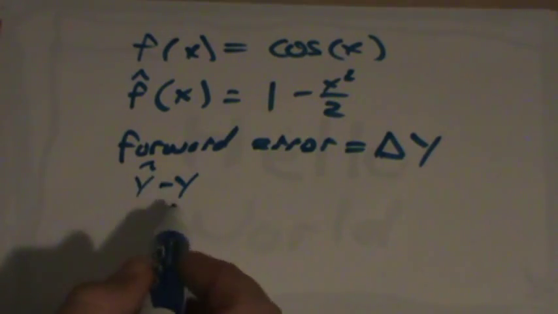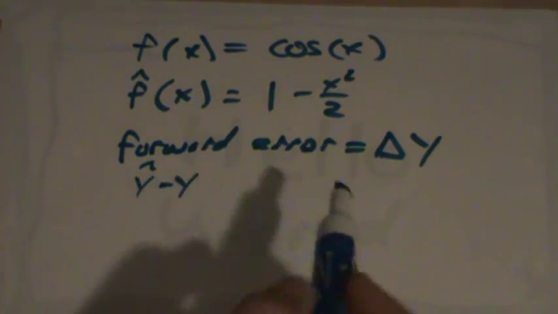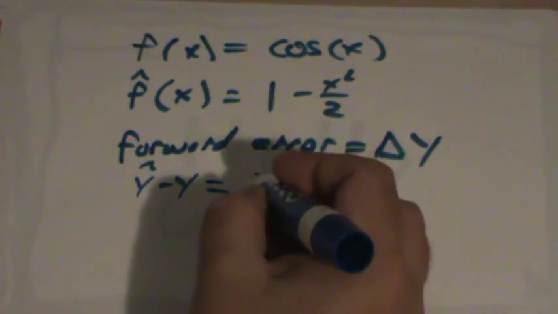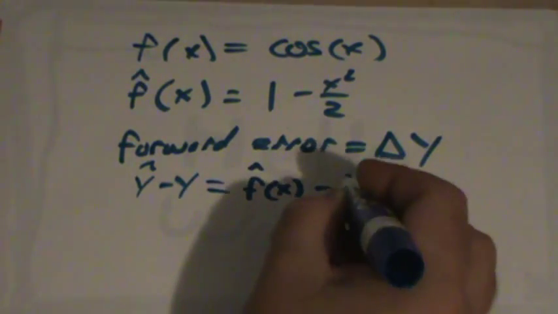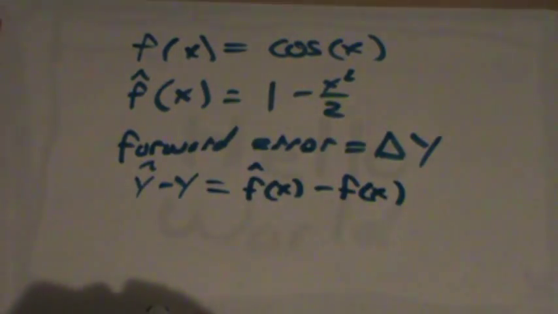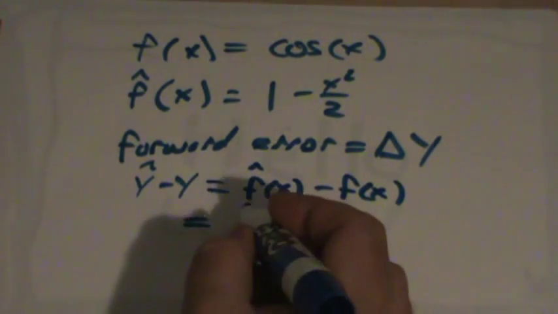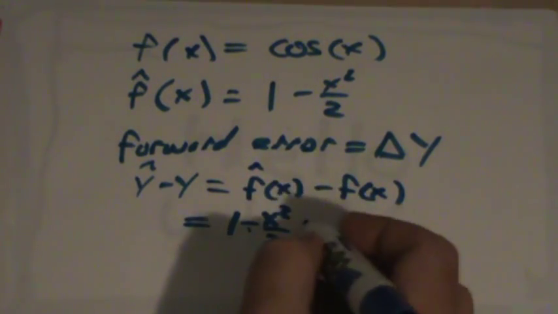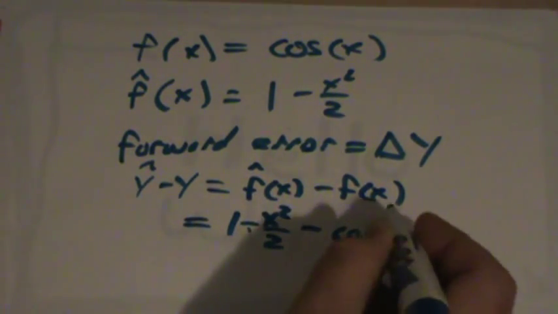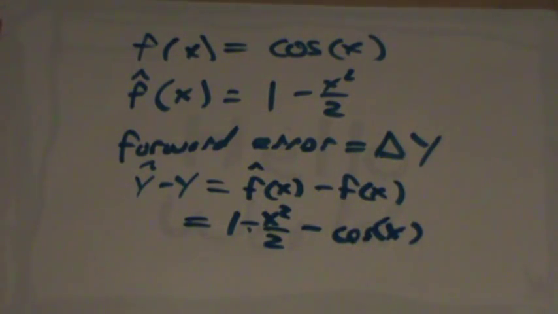Remember, we always do your estimate minus original. So in our case, that is f hat of x minus f of x. And our f hat is 1 minus x squared over 2, and our f of x is cosine of x. So that is the expression for my forward error.